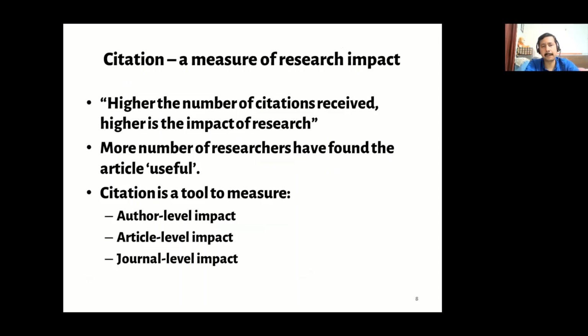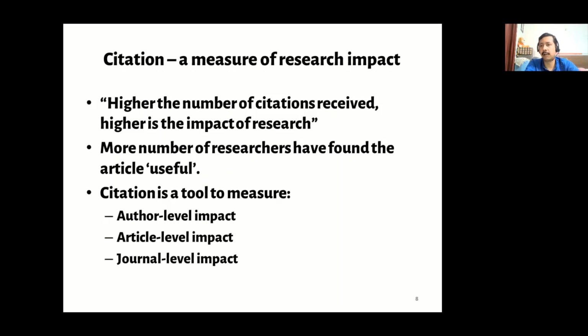This means that more researchers or authors have found a particular article useful, and therefore they have made use of the contents of the article in their writing and they have cited it. In this way, citation acts as an important tool to measure the impact of research at three levels.